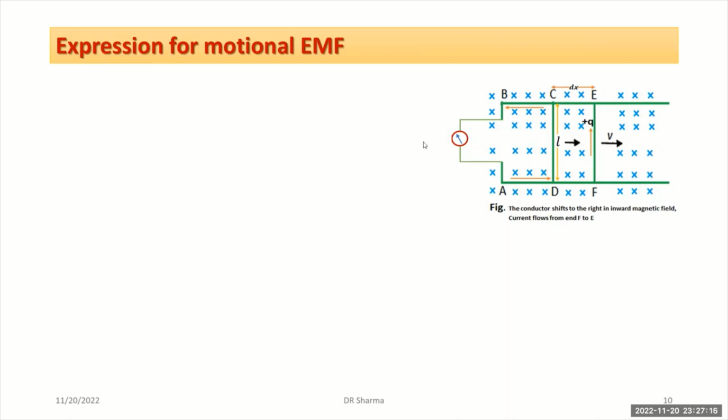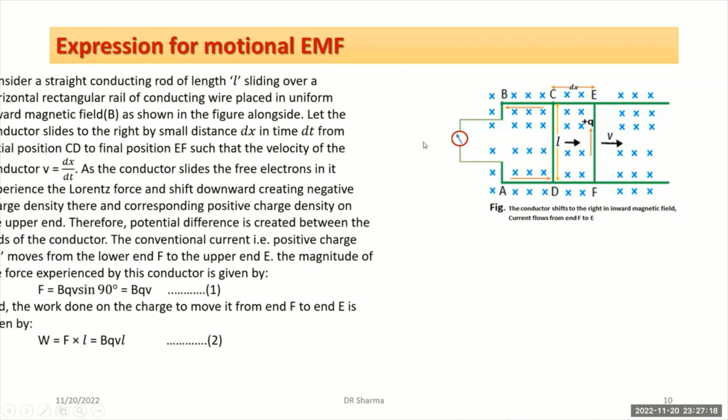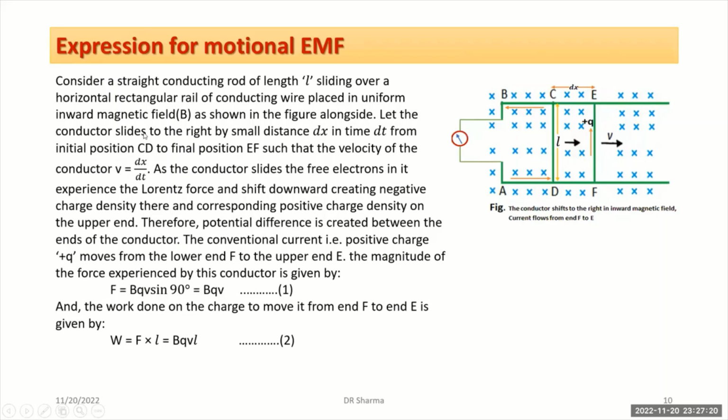The magnitude of Lorentz force is given by B q v sin theta. Here theta is 90 degrees, because the conductor is moving perpendicular to the magnetic field.